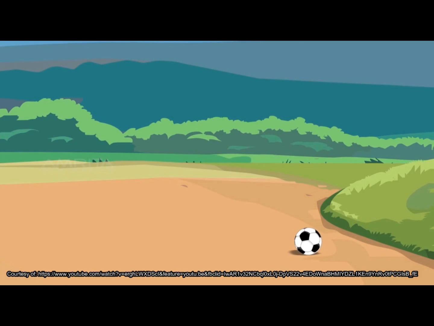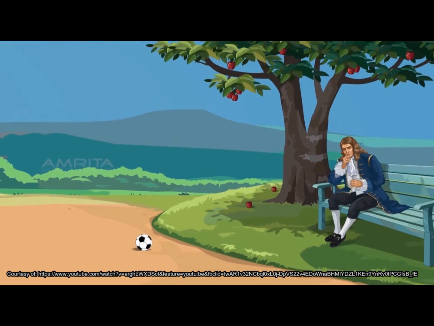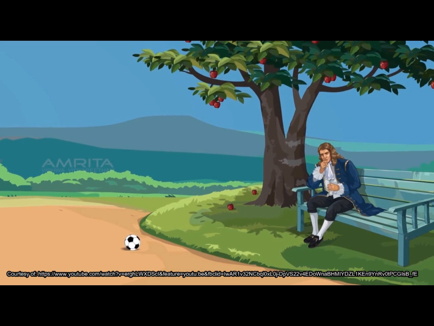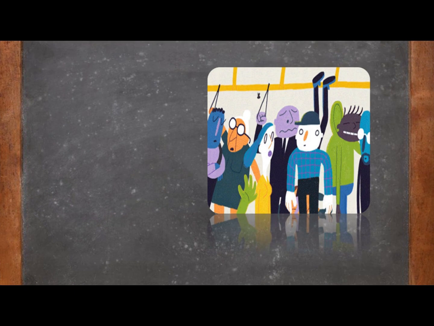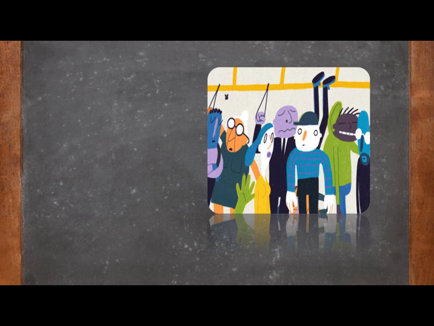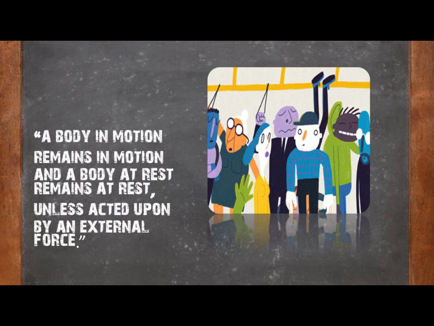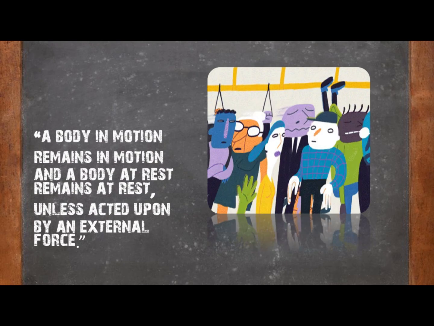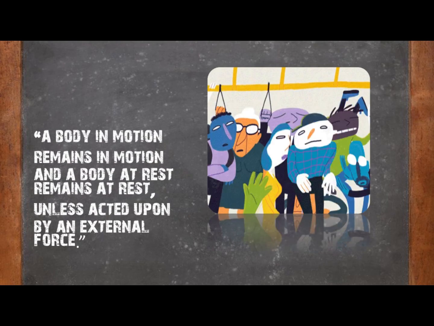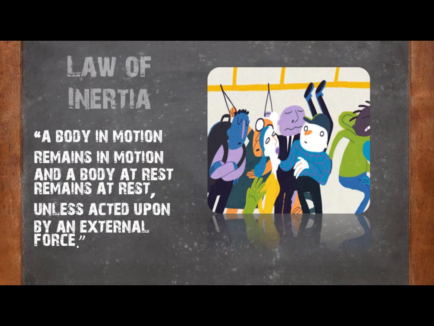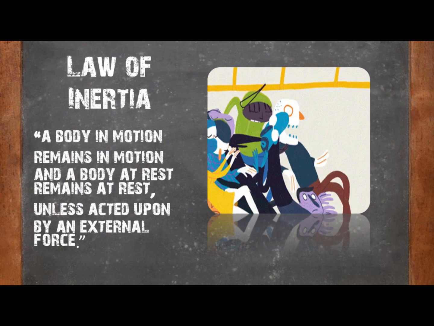However, the ball will continue to move unless an object or force stops it. Here comes Newton's first law of motion, which states that a body in motion remains in motion and a body at rest remains at rest unless acted upon by an external force.